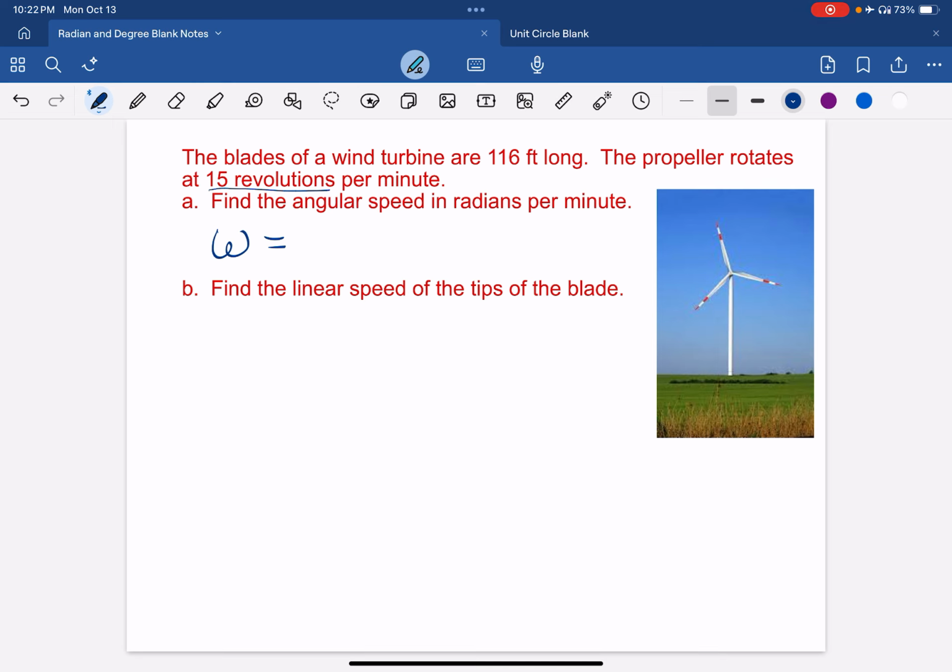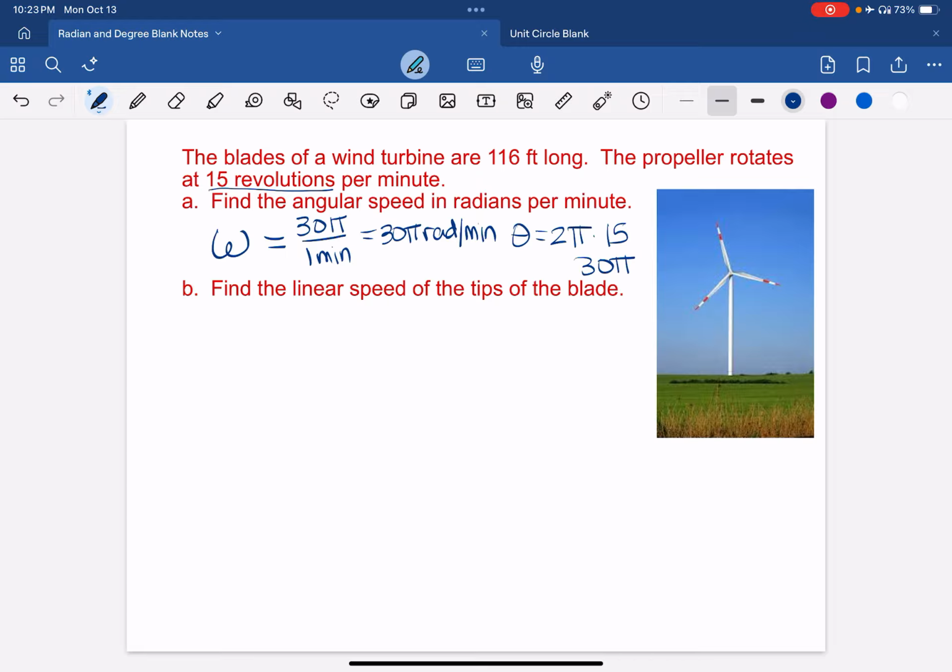There's 15 revolutions. One revolution is 2 pi. So that angle is going to be 2 pi times 15, which gives us 30 pi. So that is your central angle, 30 pi per minute. Okay, so that would be 1 minute. And so y'all, it's just going to be 30 pi radians per minute. And there you have it.